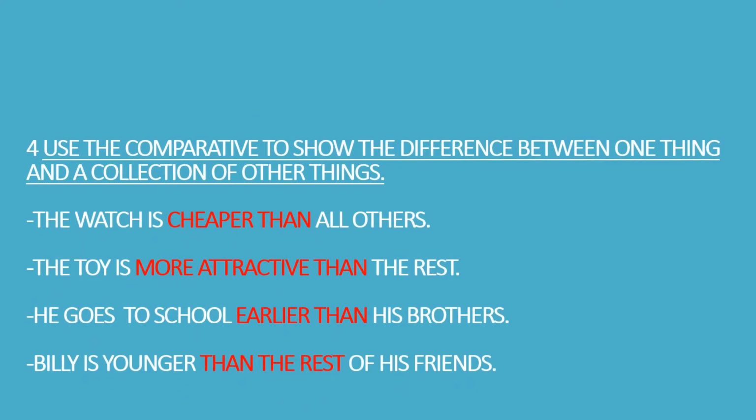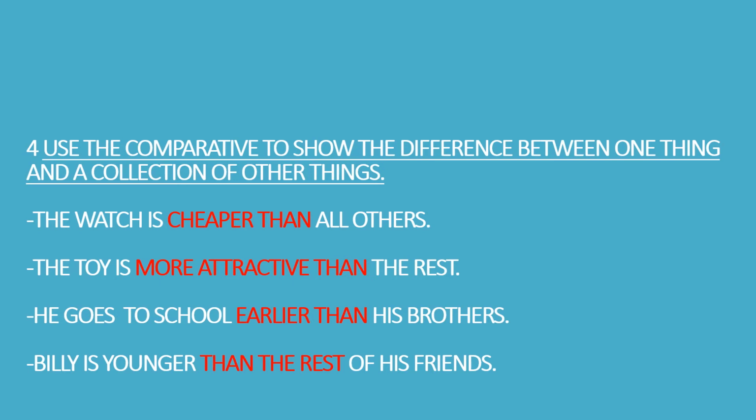We also use the comparative to show the difference between one thing and a collection of things. So one thing compared to a collection, to a group of things. The watch is cheaper than all others. One watch compared to all the other watches. The toy is more attractive than the rest of the group of toys.